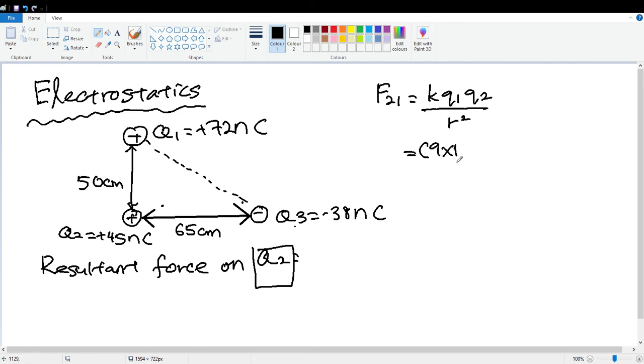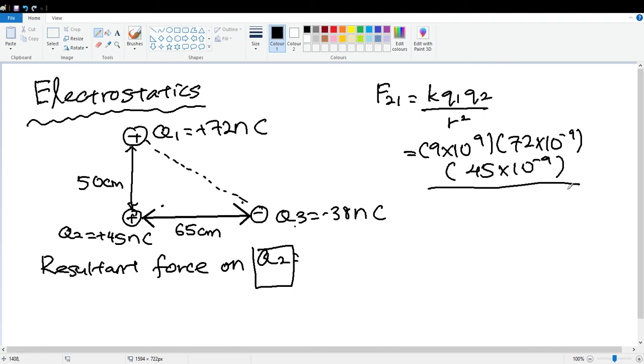So this is 9 times 10 to the power of 9, Q1 is 72 times 10 to the power negative 9, since nano is times 10 to the power negative 9, Q2 is 45 times 10 to the power negative 9, divided by R squared, where R is 50 times 10 to the power negative 2, squared.